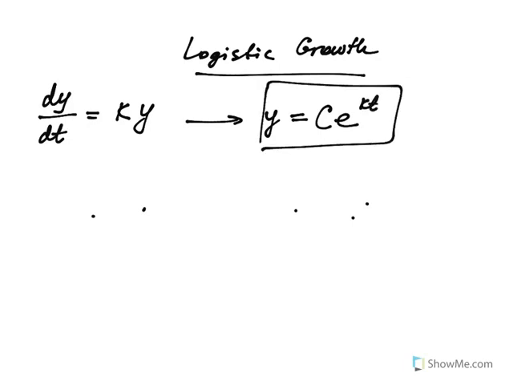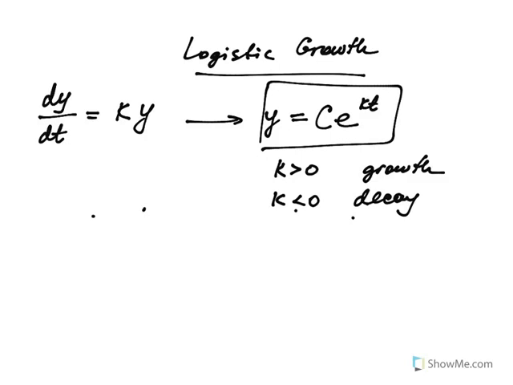Now, if k is greater than 0, then we're talking about growth. If k is less than 0, then we're talking about the decay. It's like a little bit of review. Now, for this situation, growth is unlimited, right?